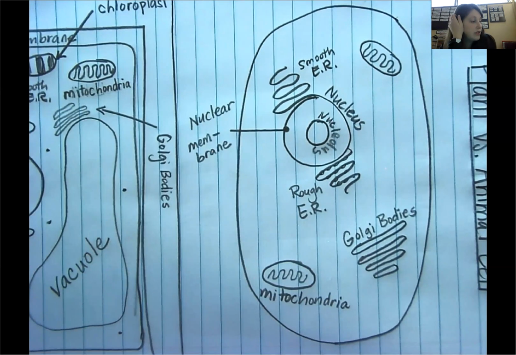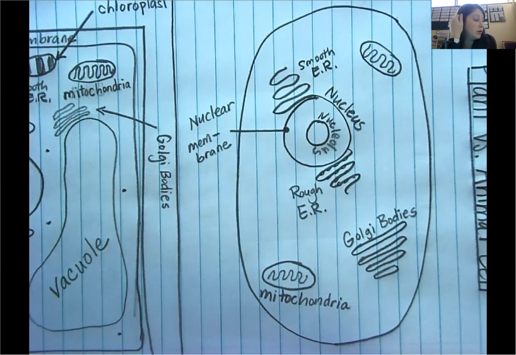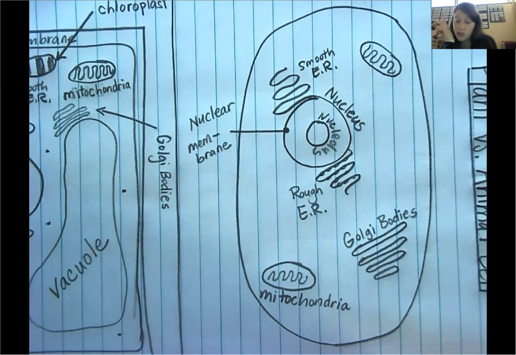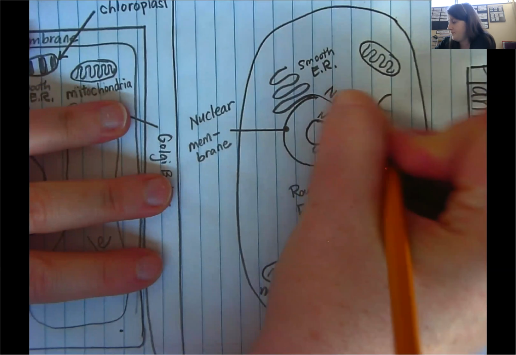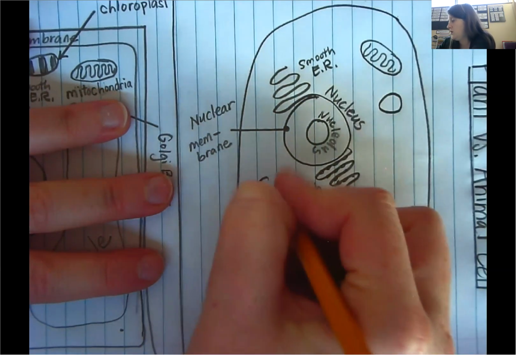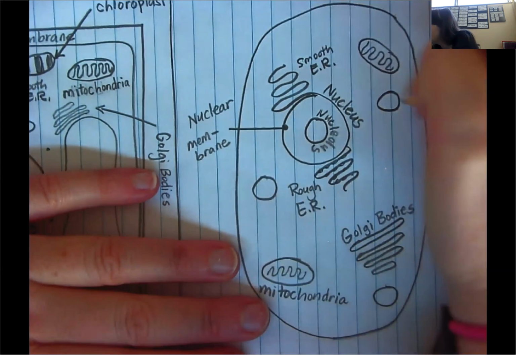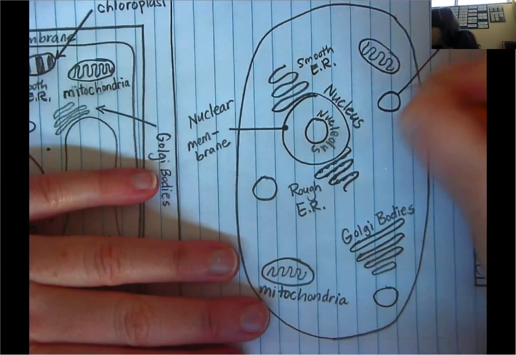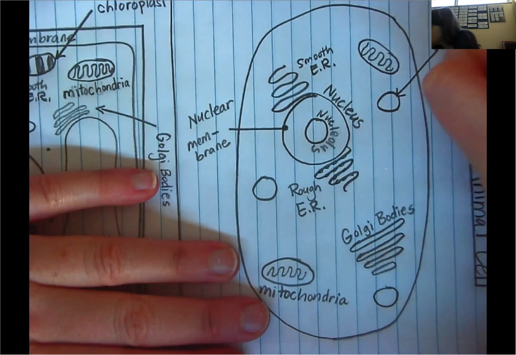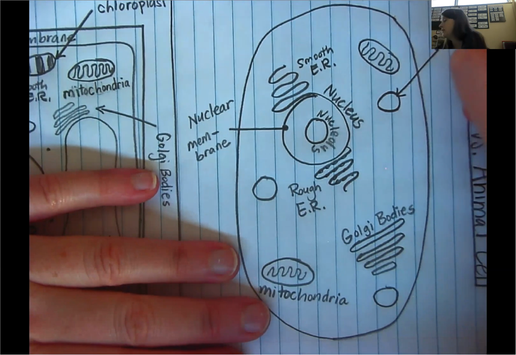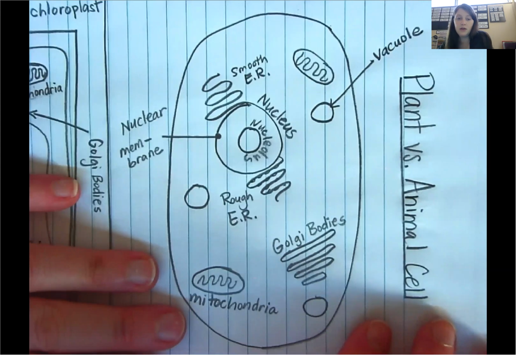We have the ribosomes. Oh, we do have a vacuole. We do have vacuoles in the animal cell. They're just small. There's more of them as well. These are vacuoles. So they are also used for storage, but not as big.